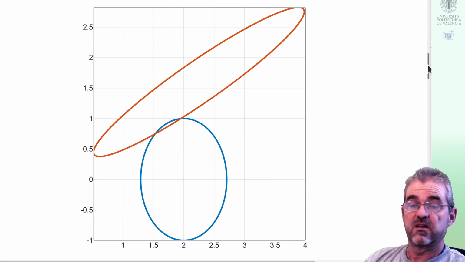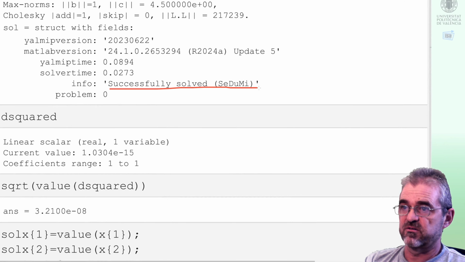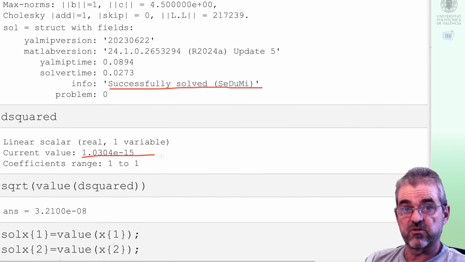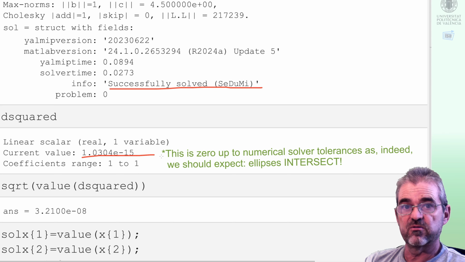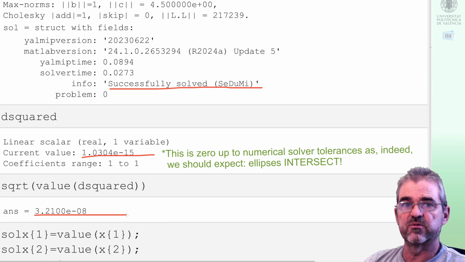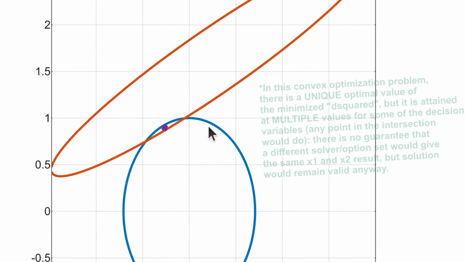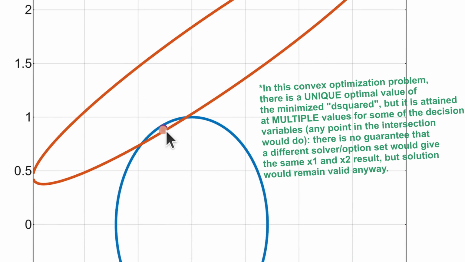In this case, ellipsoids intersect, and the code says successfully solved, and the minimum distance is 10 to the minus 15 because numerical solvers have some tolerances in the solving options, and up to 10 to the minus 15 power, this is 0 distance, and the square root is 0 up to our very, very small tolerances. And the 2 points that MATLAB found are coincident, so they are at 0 distance.